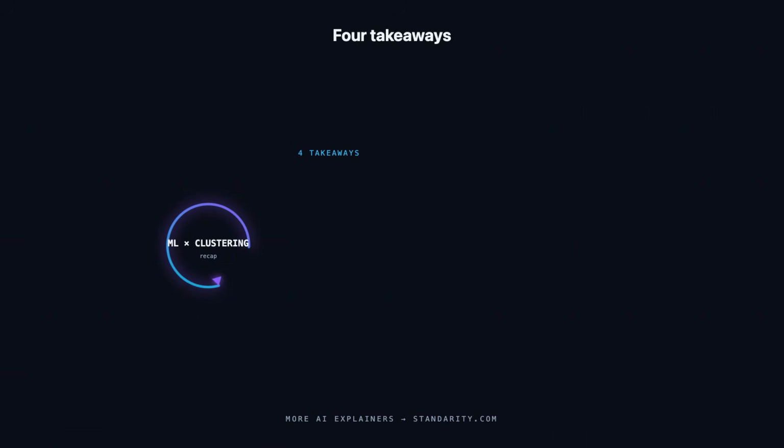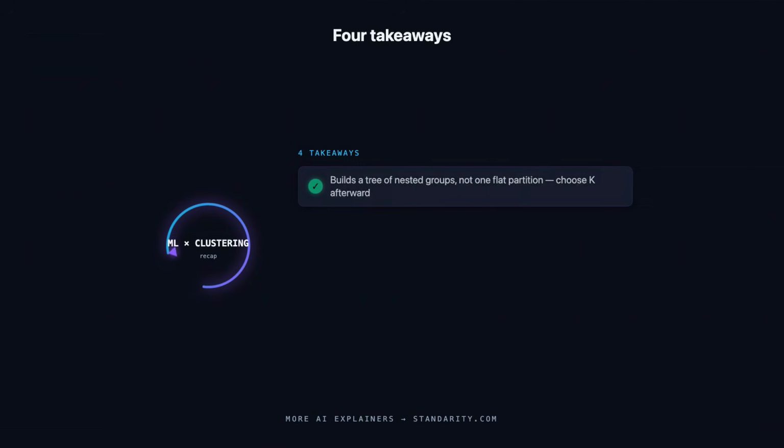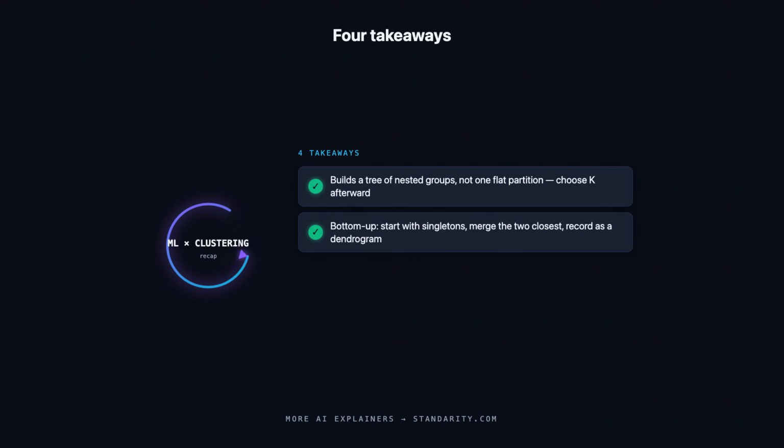All right, let's lock in what matters. Hierarchical clustering builds a tree of nested groups instead of one flat partition, so you can choose how many clusters you want after seeing the structure. The common version starts from the bottom, every point alone, and repeatedly merges the two closest clusters, recording each merge as a branch of a dendrogram.